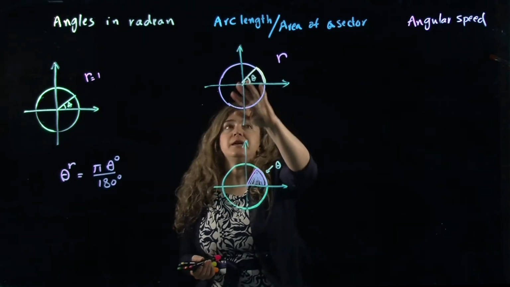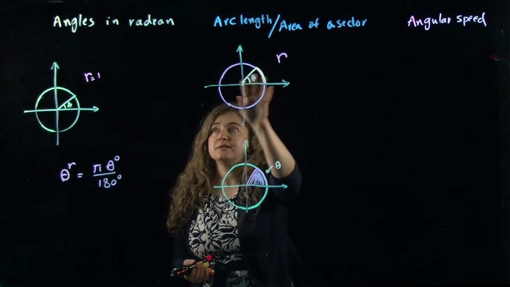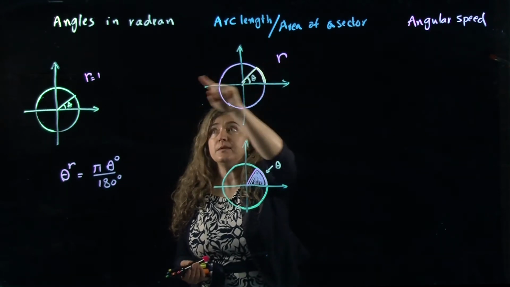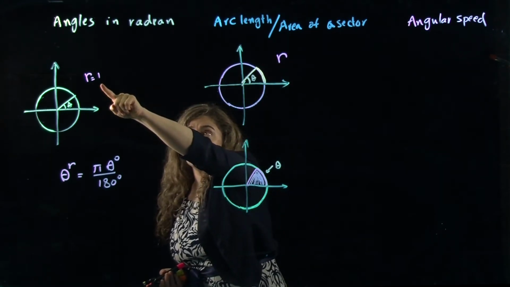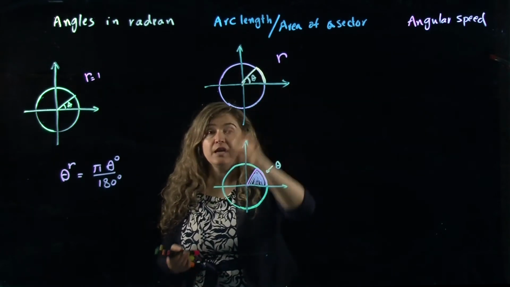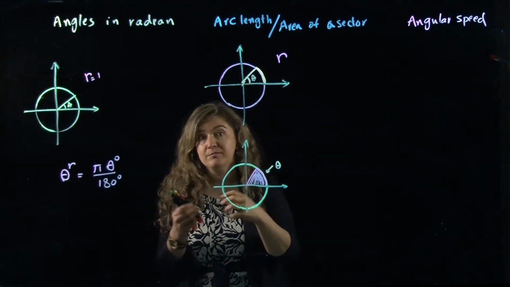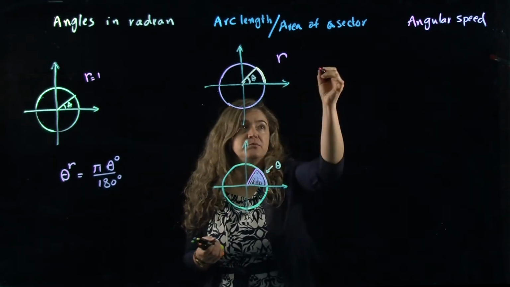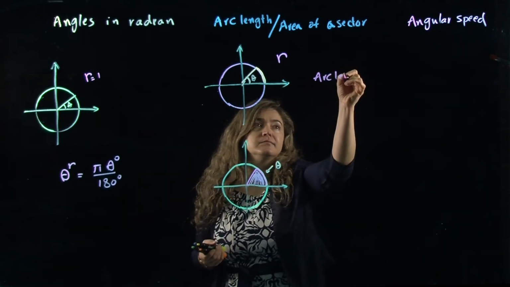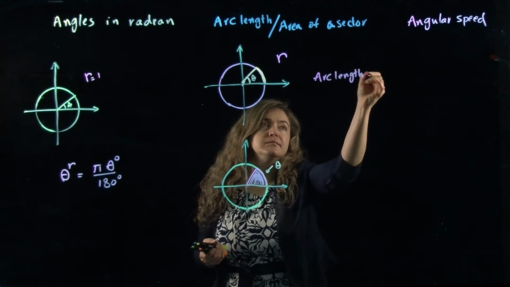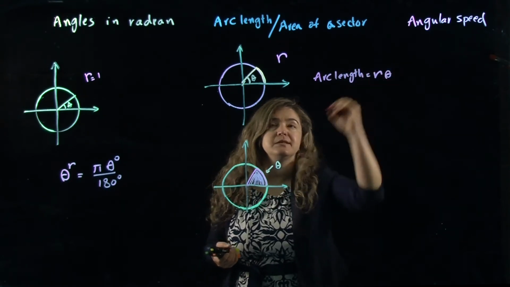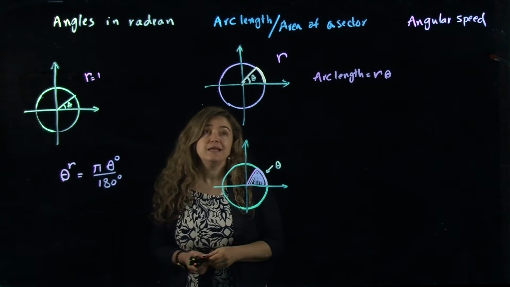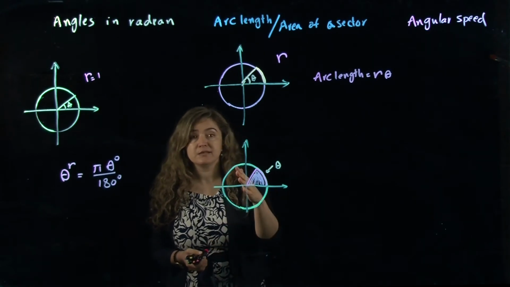Now, in here, using that same logic, since the radius went from 1 to r, everything has to blow up or shrink by r. Therefore, the arc length should be r times theta. That's one way of discussing this.